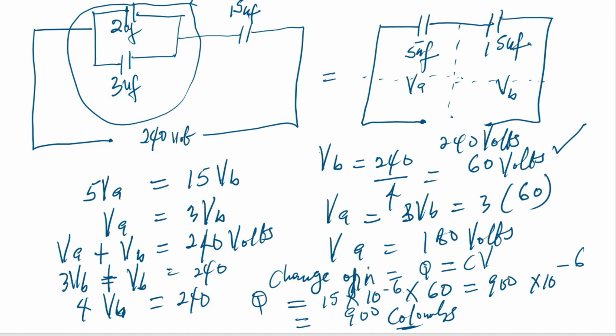Now let's look for the charge across the 2 microfarad and the 3 microfarad. For the 2 microfarad, the voltage across the 2 microfarad is 180 volts. The voltage across the 15 we reduced to 60 volts.